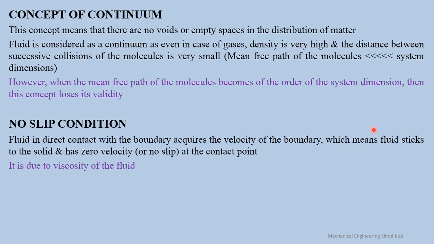If the boundary is stationary, then the fluid also has zero velocity, but when the boundary moves with a certain velocity, then the fluid also moves with that velocity. This property is due to the viscosity of the fluid. This is important: the no slip condition occurs due to the viscosity of the fluid.